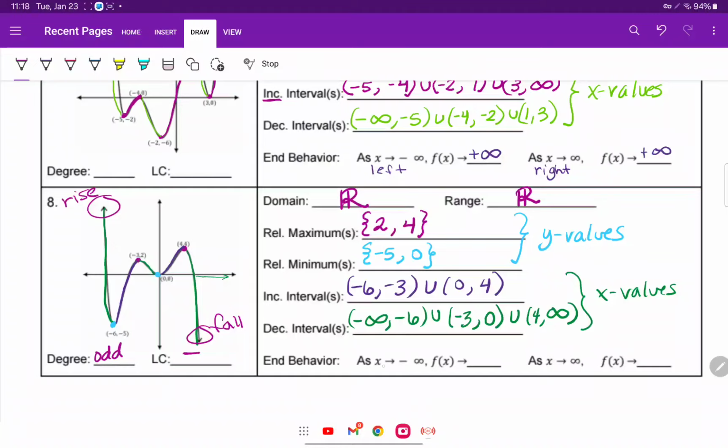So as x goes to negative infinity, the left side, the y values of the graph are going up to positive infinity. As the x values go to the positive infinity side, that means the right side, the y values of the graph are going down to negative infinity.